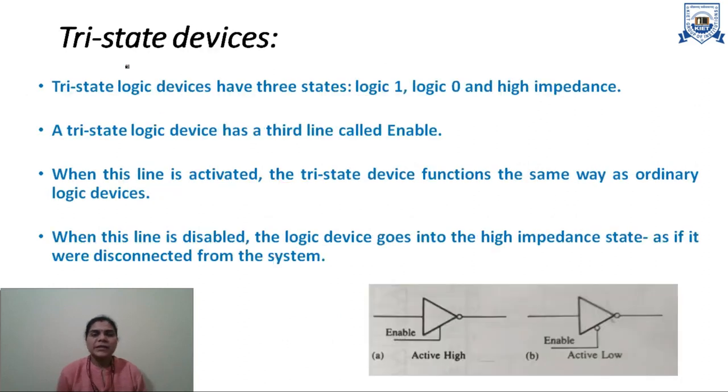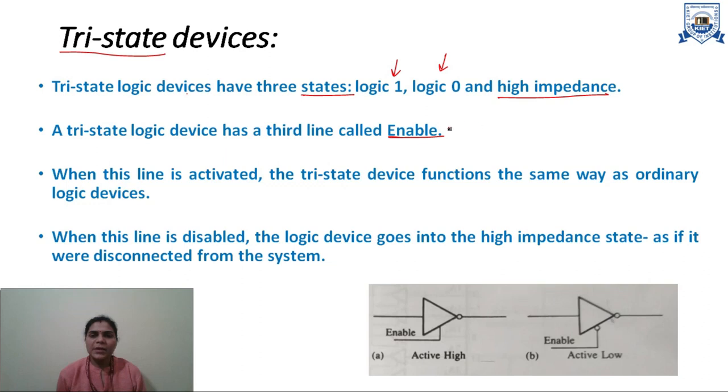First, tri-state device. A tri-state logic device, as its name suggests, has three states: logic 1, logic high; logic 0, logic low; or high impedance state. A tri-state logic device also has a third line called enable.